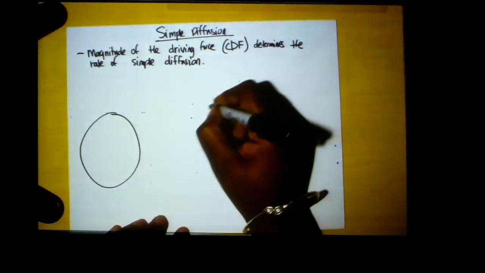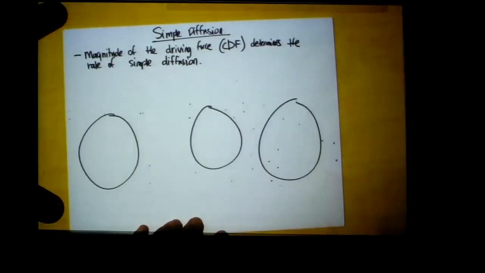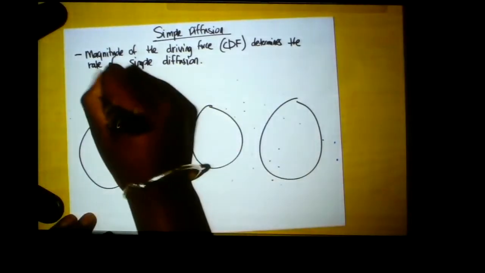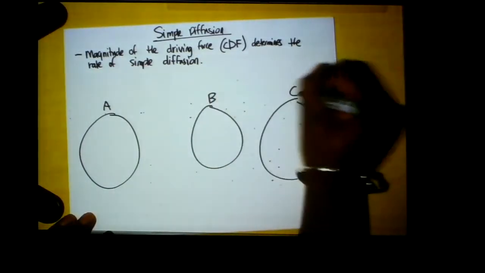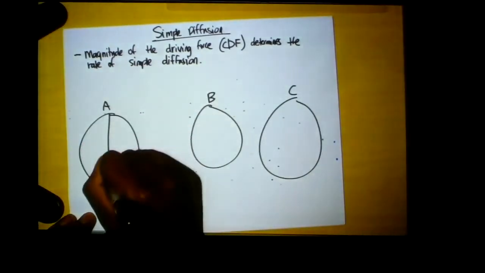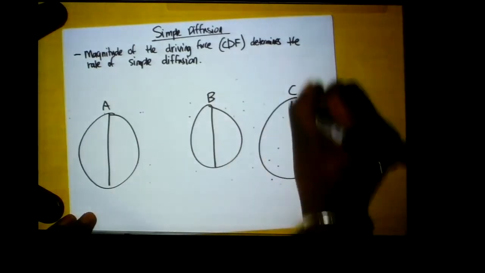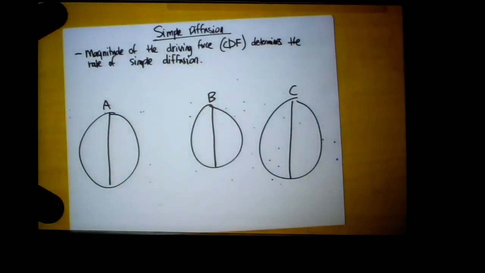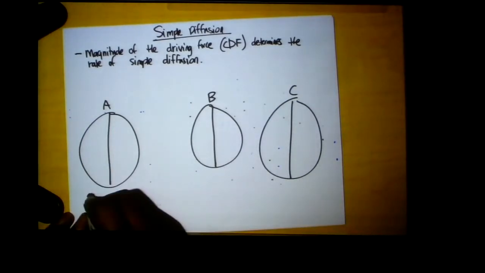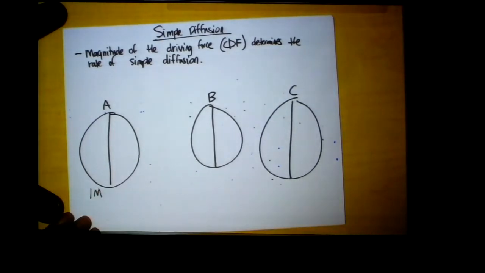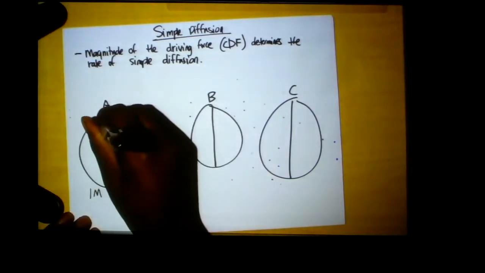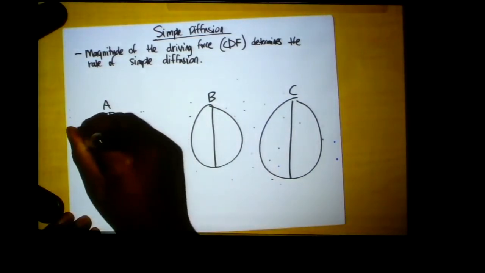We have three different cells down here. All right, let's call this cell A, cell B, cell C. These cells are separated by a membrane going right down the middle. And we have varying concentrations of solutes or particles on either side. So in this first cell A, we have 1 mole of particles. And that basically means we have some solutes dissolved here.